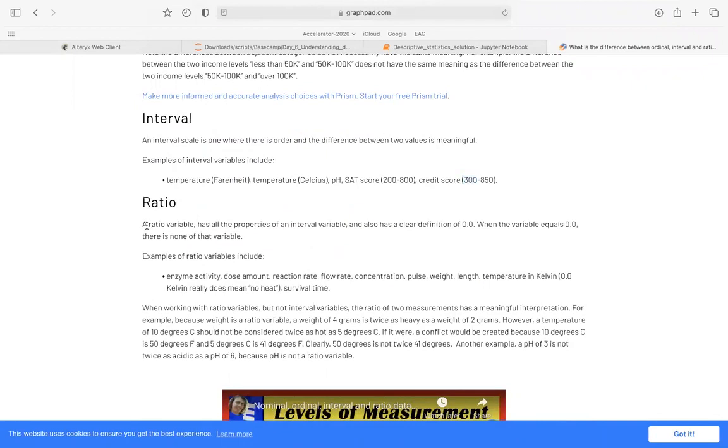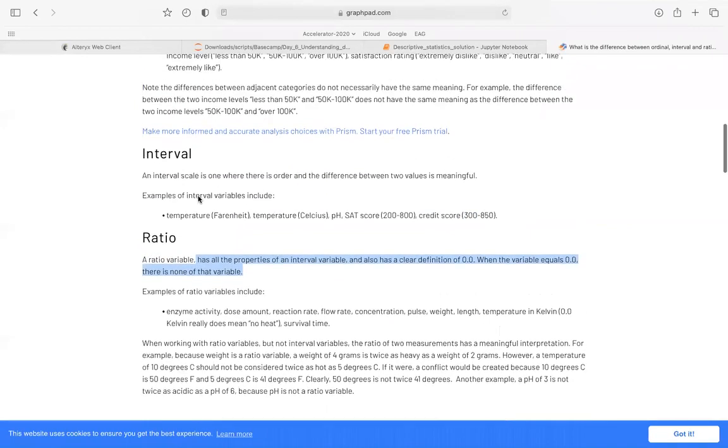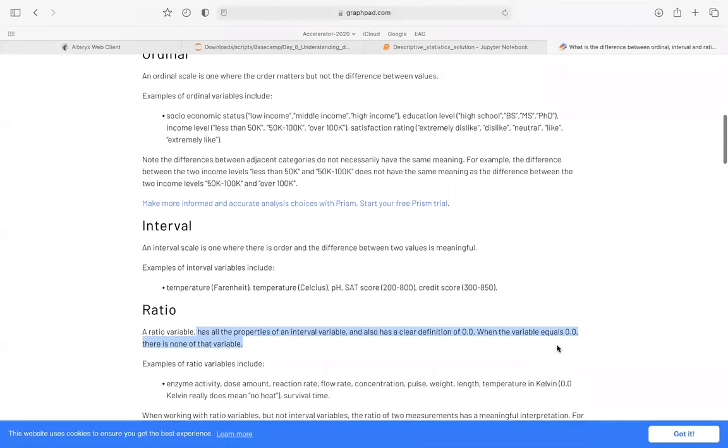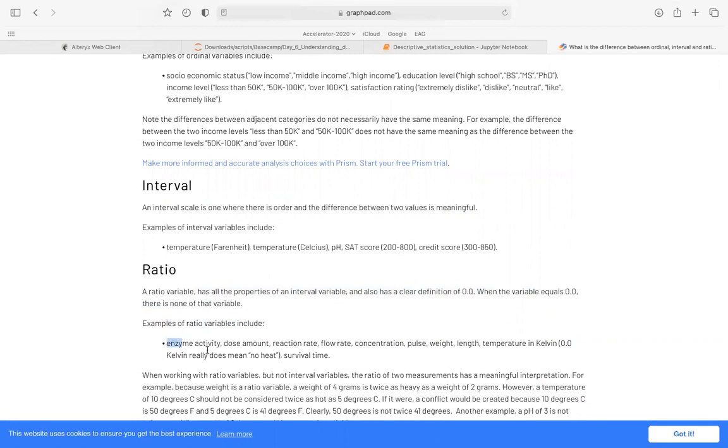And a ratio variable has all the properties of interval variables, and also has a clear definition of zero. So when the variable equals zero, there is none of that quantity. Examples of ratio are enzyme activity, dose amount, reaction rate, flow rate, concentration, pulse, weight, and so forth. That's a real number.